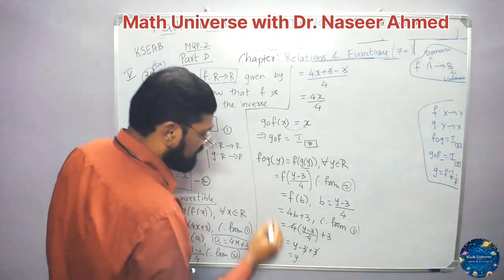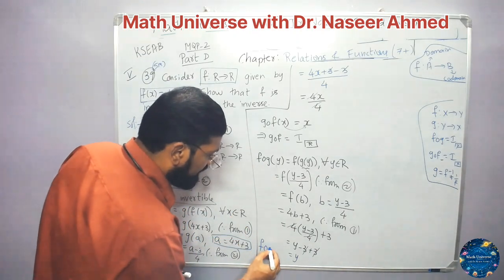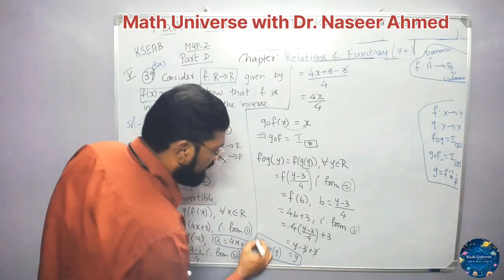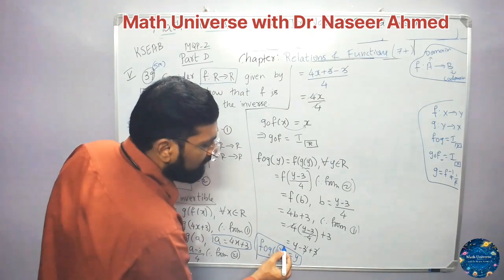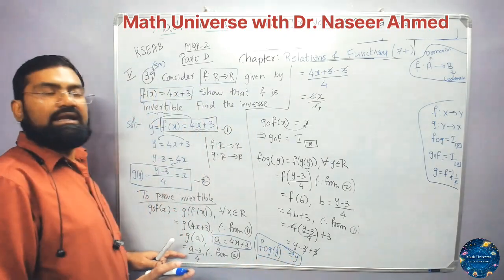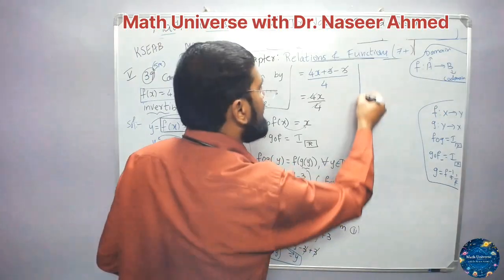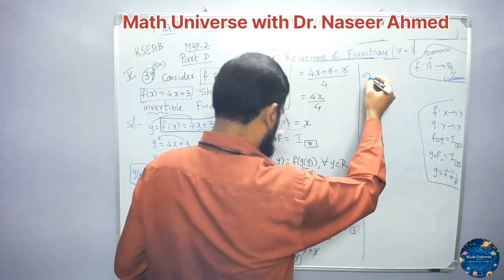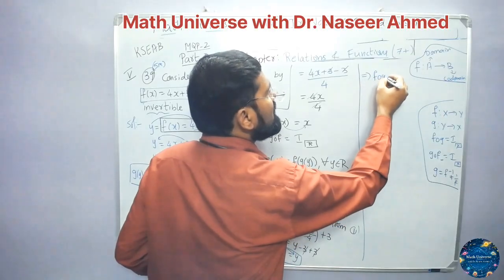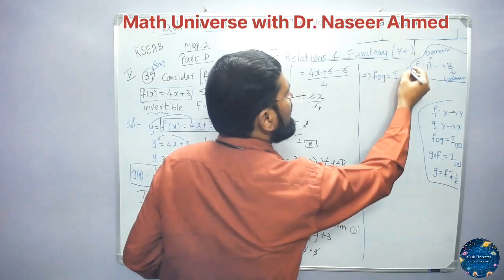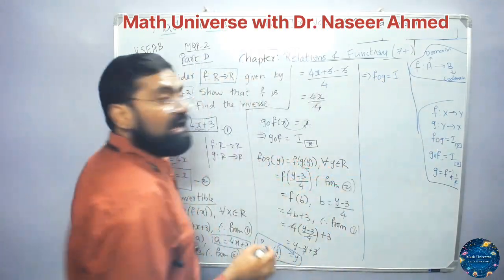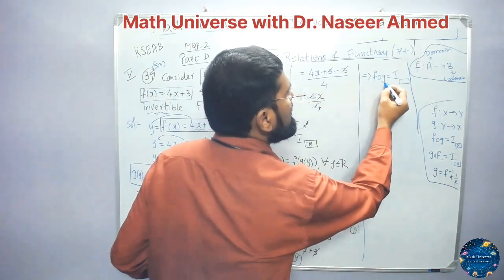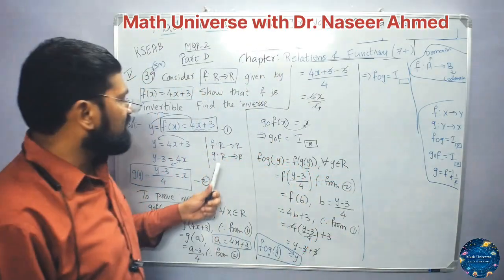F composition G of Y. See this step again. We started with Y and got back what? Y, nothing but the identity function. So I can write here, therefore, this implies F composition G is equal to the identity function. And I should write the domain of the rightmost function, that is G. What is the rightmost function?